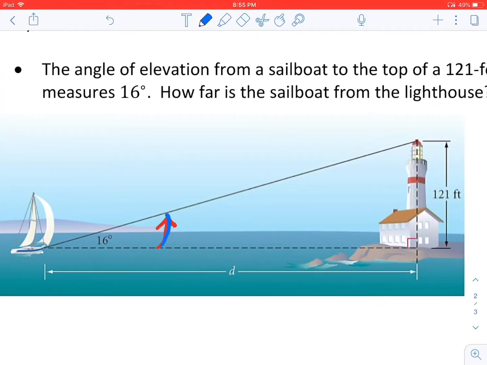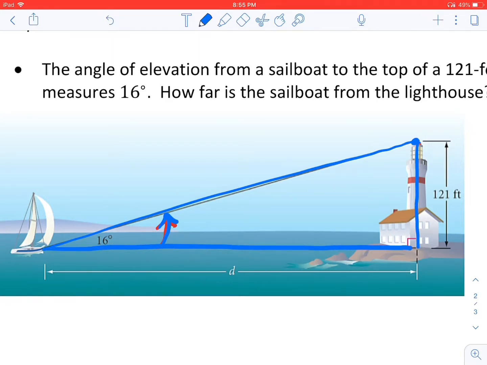Note that in this case, the diagram is drawn for you. That won't always be the case, but it helps to visualize what it might mean in the first few examples. From the sailboat, the angle of elevation is 16 degrees to the top of the lighthouse, and the lighthouse is perpendicular to the ground.